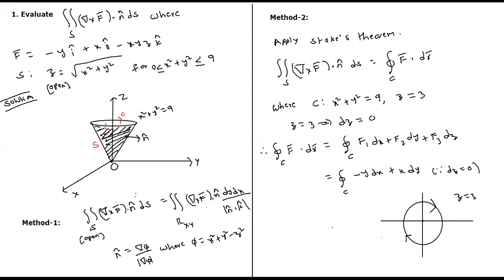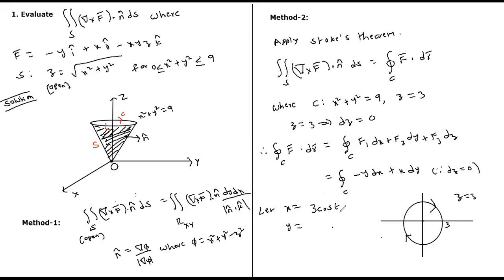So what could be your parametric substitution then? Radius is 3. So x equal to 3 cos theta. I said don't use T, theta.